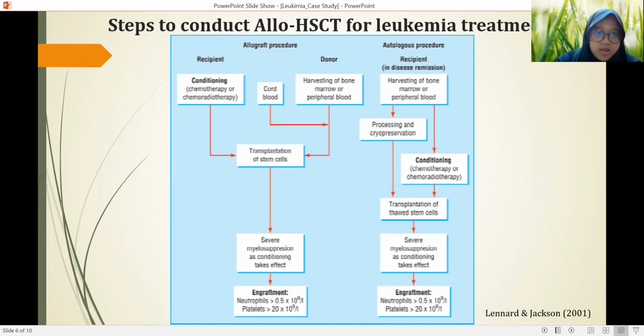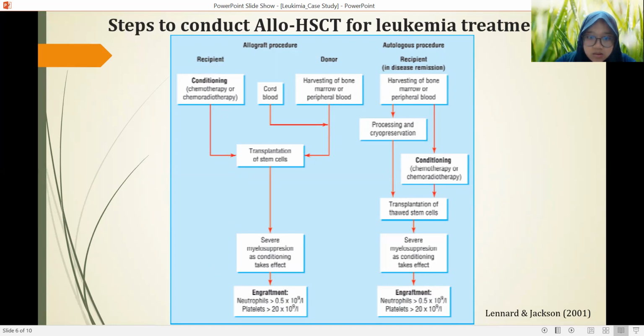The recipient will be conditioned by chemotherapies, and the donor's bone marrow will be harvested to take the hematopoietic stem cells, and then the hematopoietic stem cells will be transplanted into the recipient's host body.